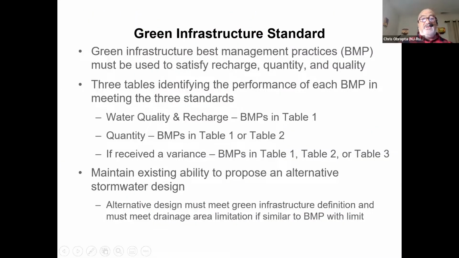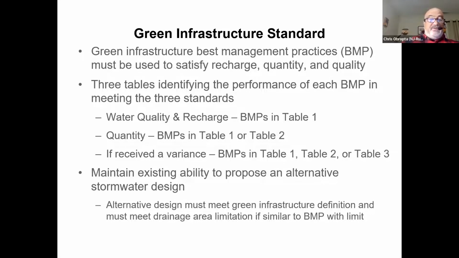So what New Jersey DEP has done is they put 3 tables in their regulations. And they say you've got 3 requirements to satisfy. You got the groundwater recharge requirement, you got the water quality requirement, and the water quantity requirement. All 3 of those requirements must be satisfied by using a green infrastructure practice that's shown in table 1 or table 2 of the regulations.